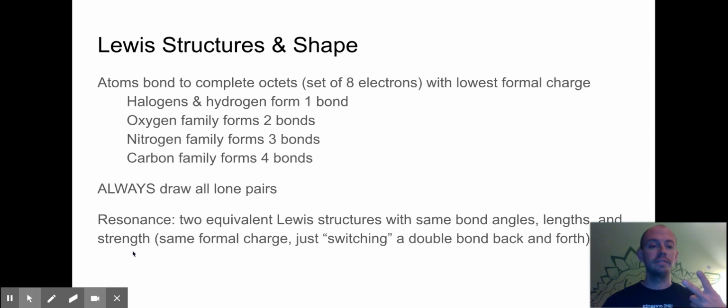Because in that case, if I have a double here and a single here, it's not that I have a really short, strong bond and a long, weak bond, and then all of a sudden it goes the other way. Because those electrons are kind of, we can say, wiggling or alternating back and forth. It's almost as if we have a 1.5 bond on each side.